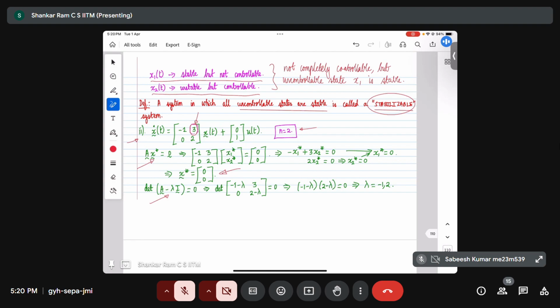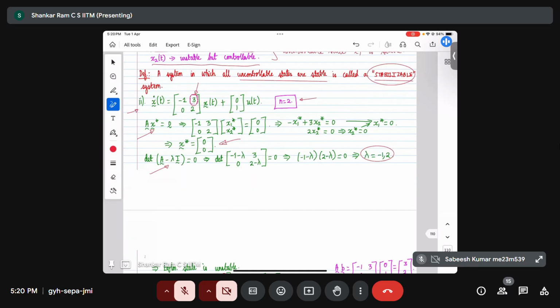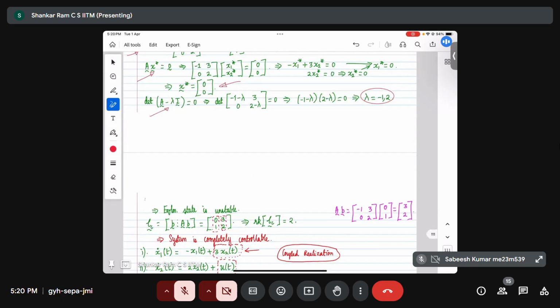When we process it, we still get lambda to be minus 1. So you can see that there is still one eigenvalue in the right half of the complex plane. The equilibrium state is unstable, no doubt about it.